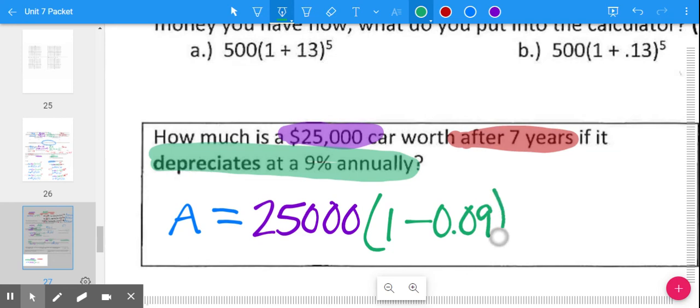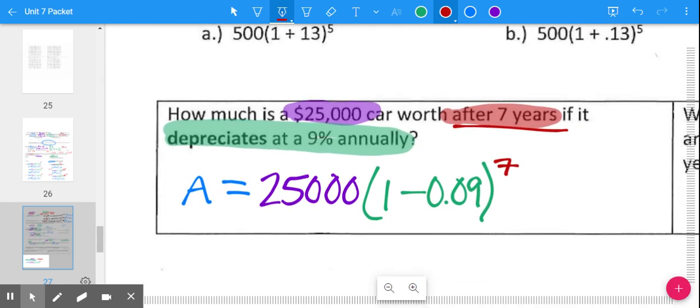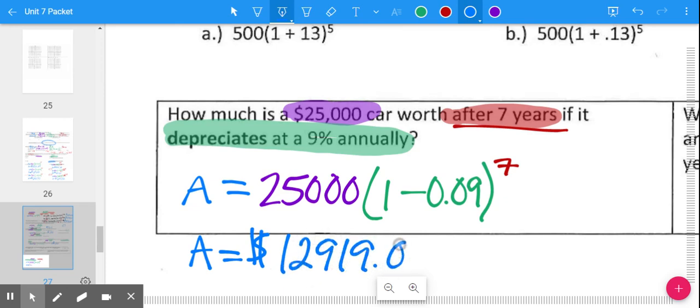And because we want to find out after 7 years, our time in the exponent is 7. So the value of that $25,000 car after 7 years with a 9% depreciation rate is $12,919.03.